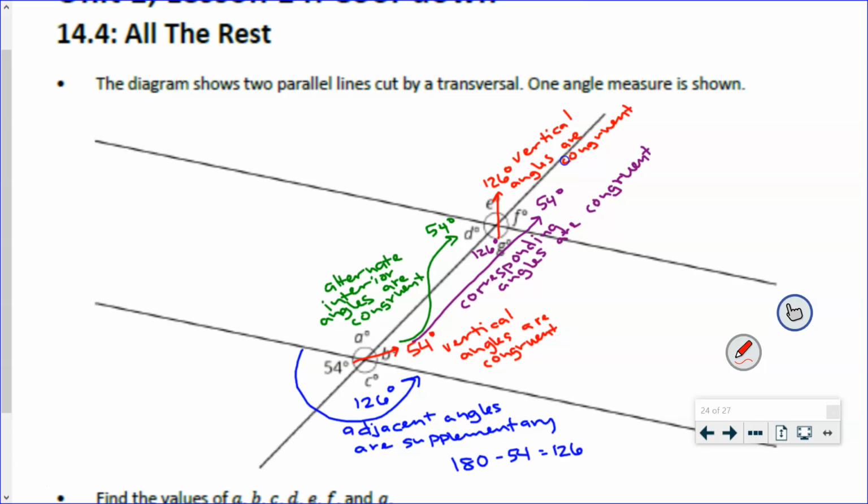And again, that same justification here, if this is 54 degrees, then its vertical angle is also going to be 54 degrees. Notice that we already found that using alternate interior angles, but it's really nice to see that it confirms the things that we already know. Depending on how we choose to justify it, we can see that same information.